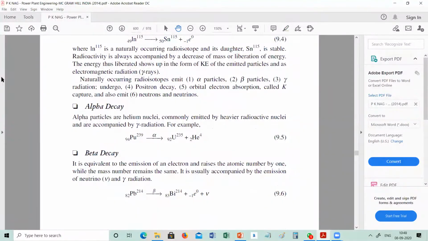During alpha decay, what happens? Alpha particles or helium nuclei are commonly emitted by heavier radioactive nuclei, accompanied by gamma radiation.